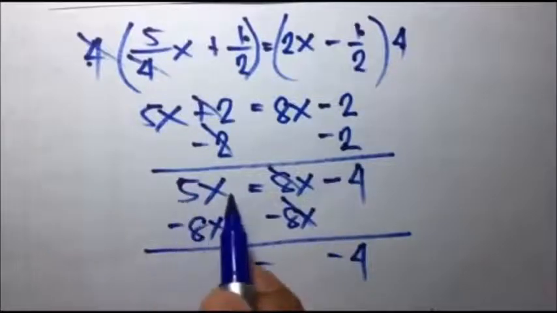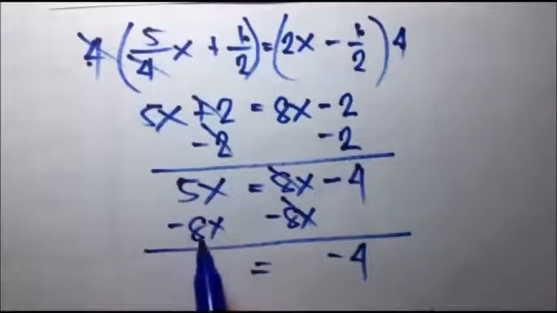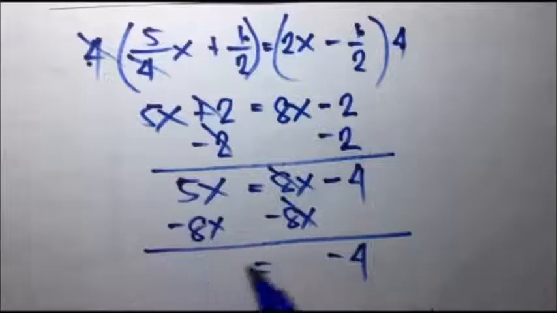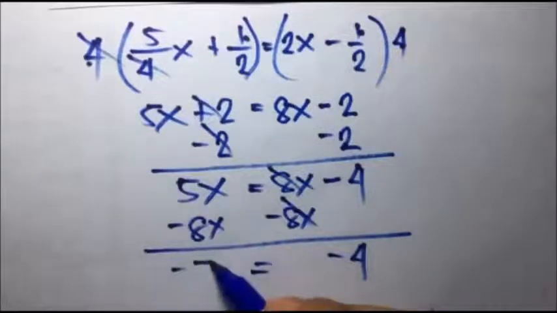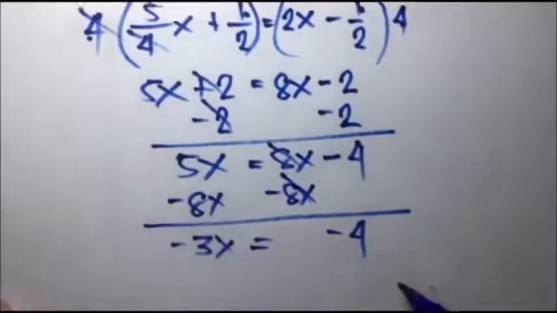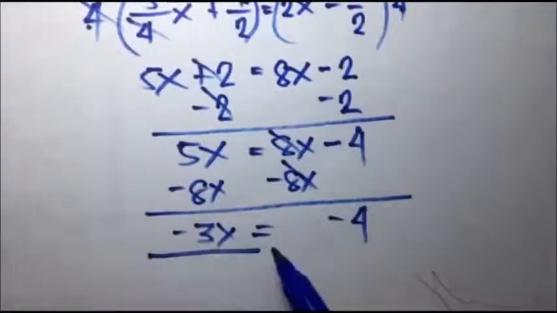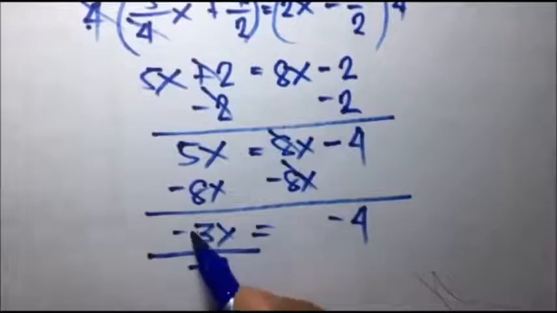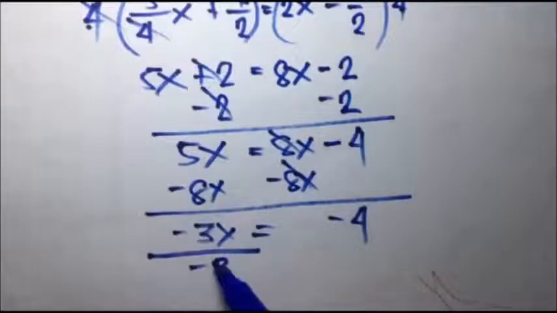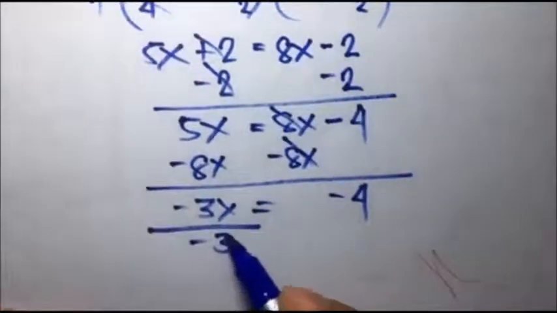Positive 5x and negative 8x, we have negative 3x. So we need to divide by negative 3, so that we can cancel this because we are going to isolate x.